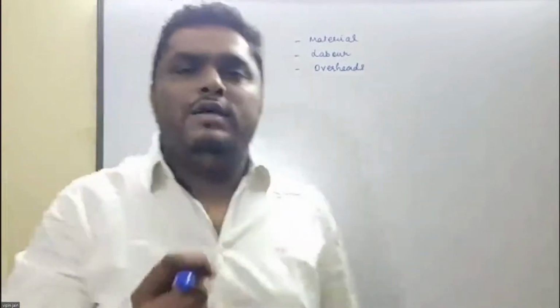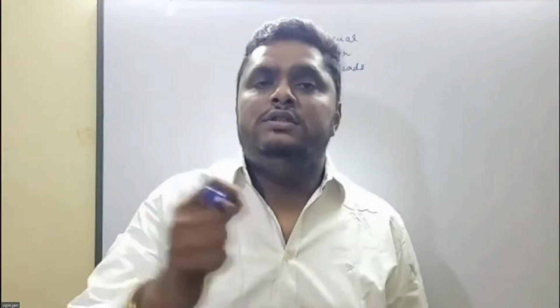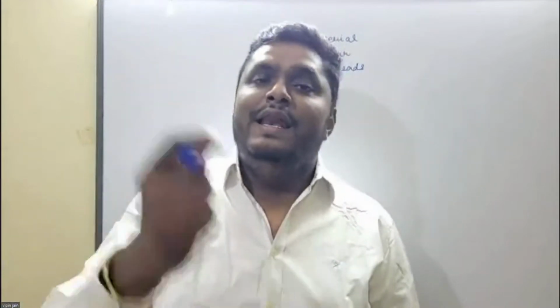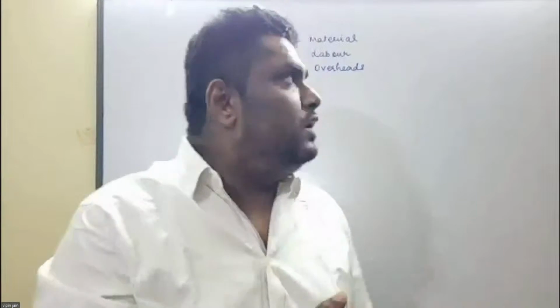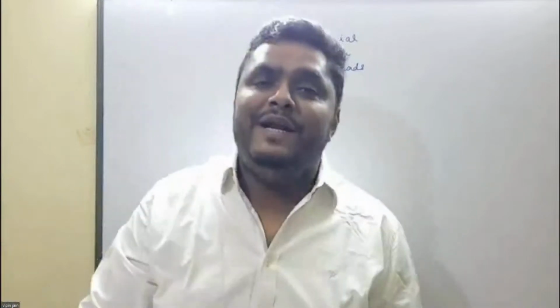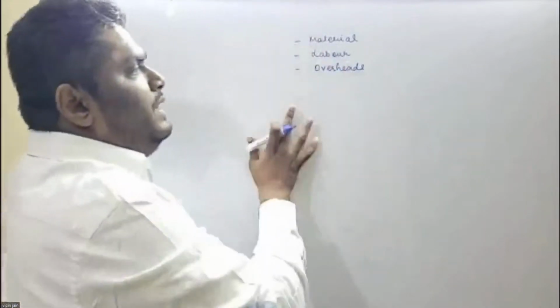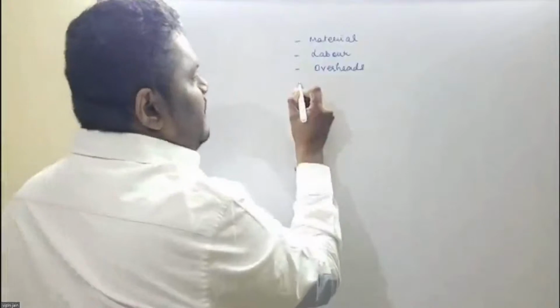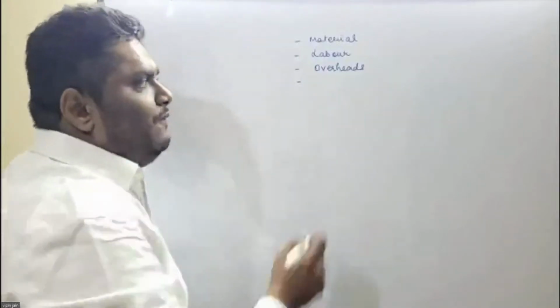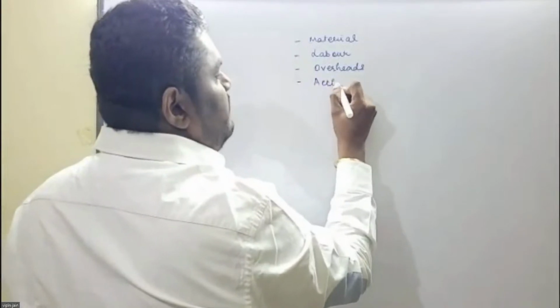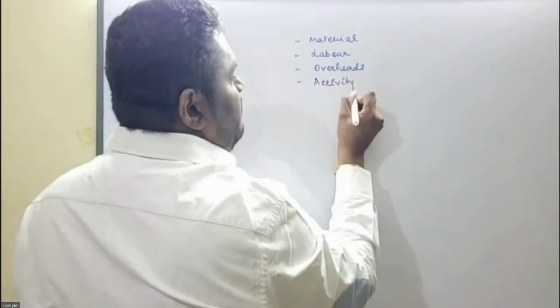The total cost of a product constitutes these three elements: material, that is the raw material; labor cost, that is the conversion cost; and whatever other expenditures are incurred, that is indirect material, indirect labor, and indirect expenses, which will be covered in overhead. There is one more chapter in continuation of overheads, that is activity-based costing, which we will also be covering.